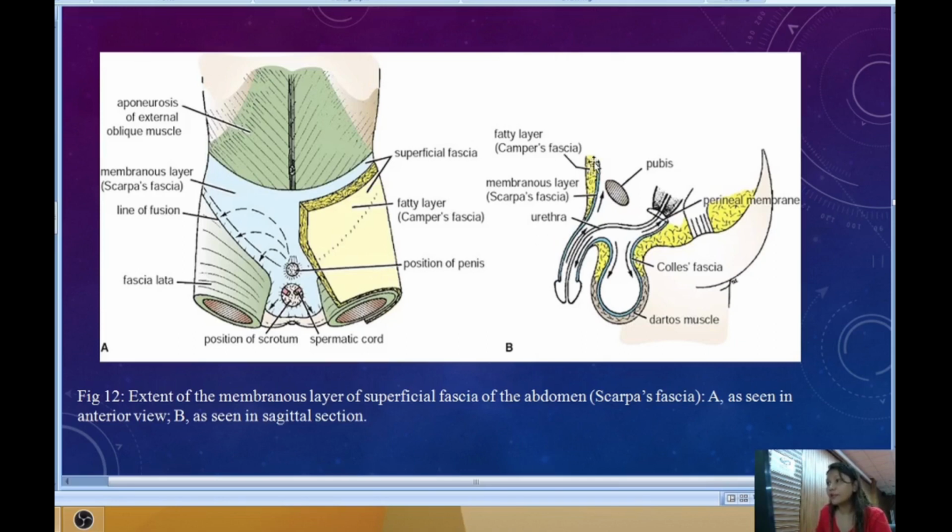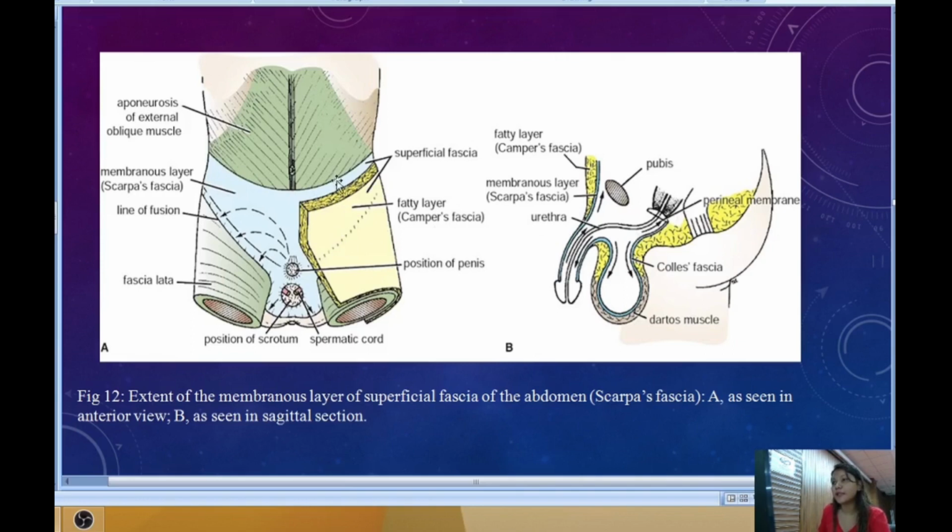So in this diagram you can see this is the fatty Camper's, this is the deep membranous layer. Okay, and this is the dartos muscle. I have told you this dartos muscle is the Camper's fascia only, which is replaced in the penis. So this is the dartos muscle, this is the Colles' fascia in the perineum, and this is the perineal membrane. So this space is the superficial perineal pouch.